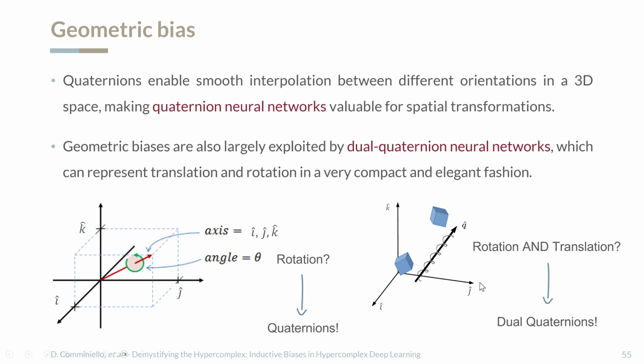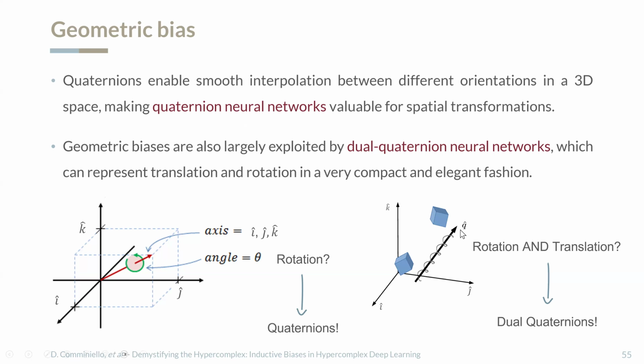But we may also have some kind of 6 degrees of freedom, in the sense that we can also perform rotation and translation in the same way. So with just a few operations, and implementing a dual quaternion, we can very easily have some kind of transformation of objects in the domain.